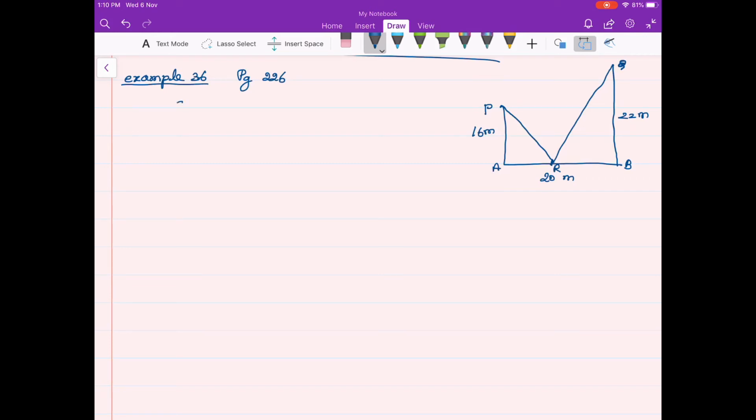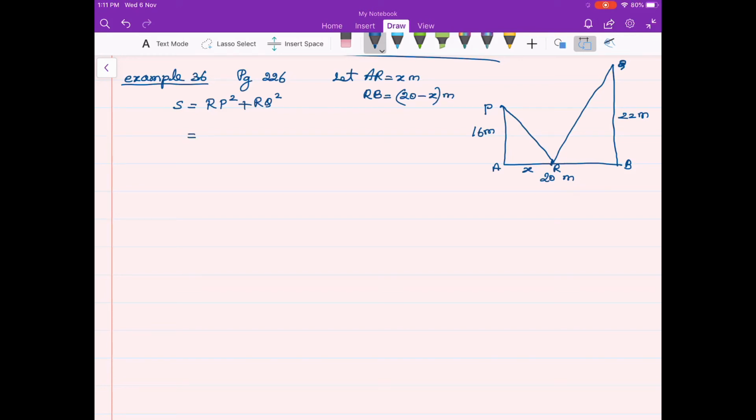So, we will take that as S. We have to minimize this, RP square plus RQ square. Let us take the distance AR as x meters. Therefore, RB will be 20 minus x meters, because the total length is given as 20.